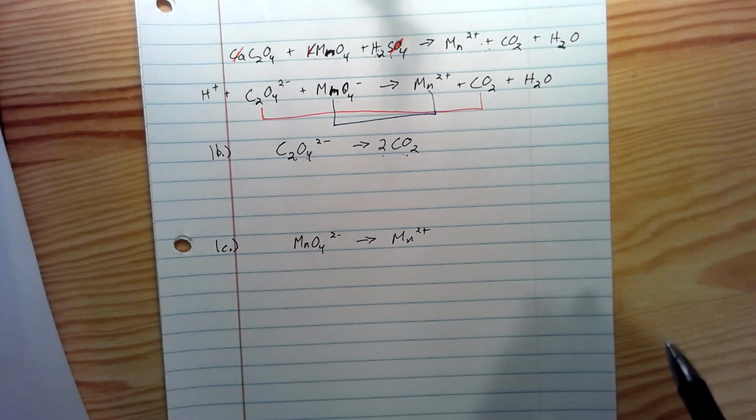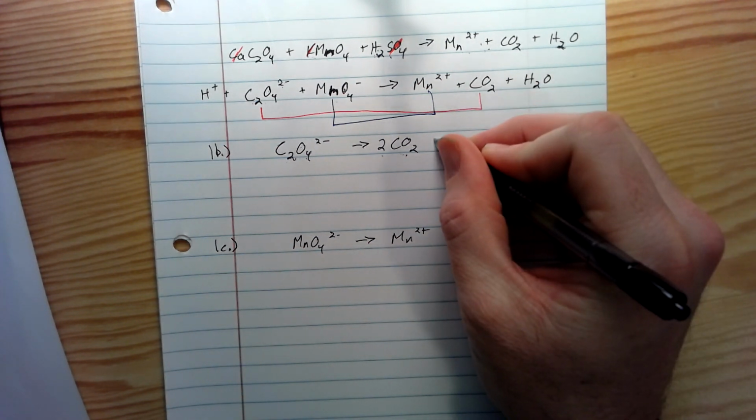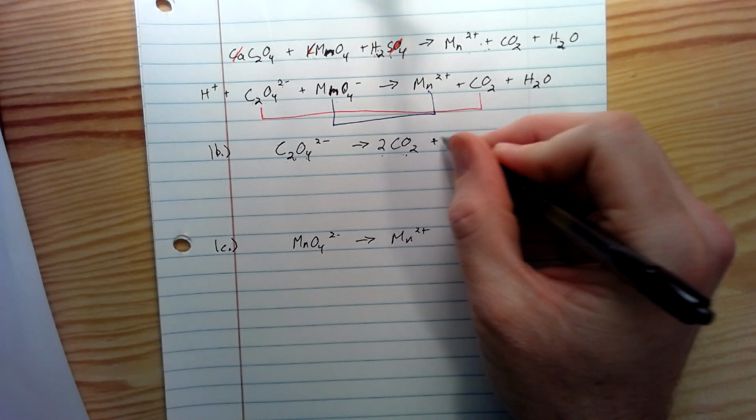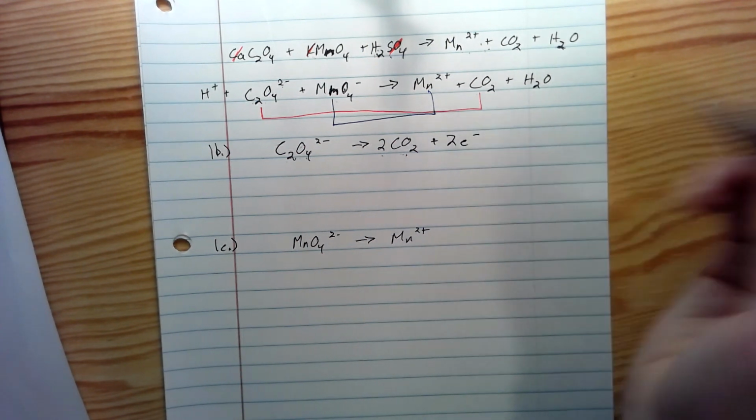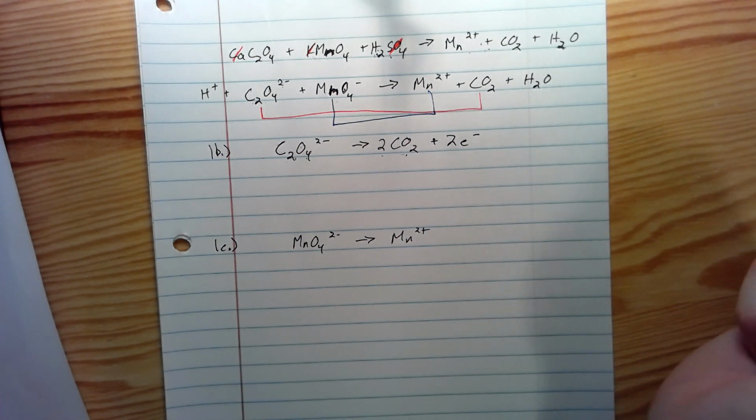So now we need to balance the charge. That just means we need to add 2 electrons here, and that ends up being totally balanced. We don't have to add any H pluses, any waters, or anything else. That one's all good to go.